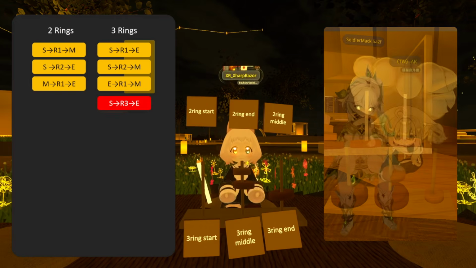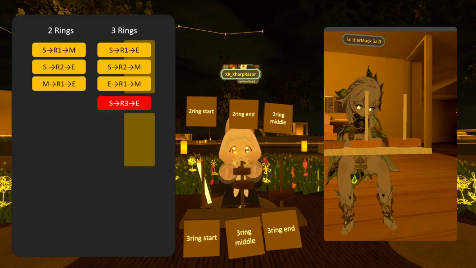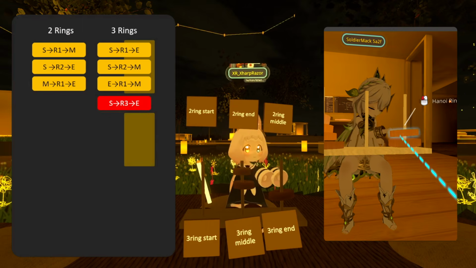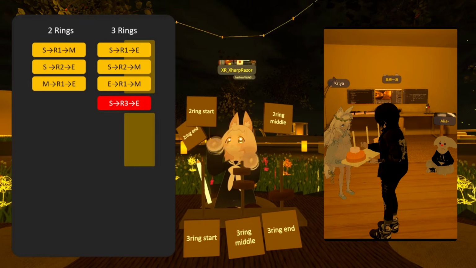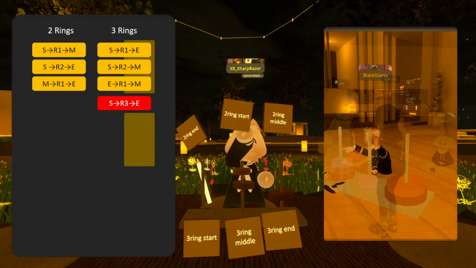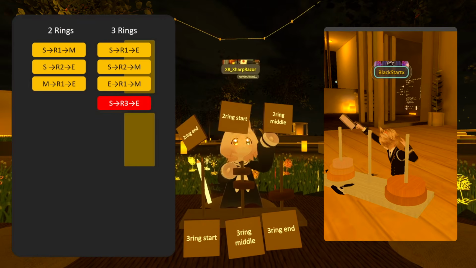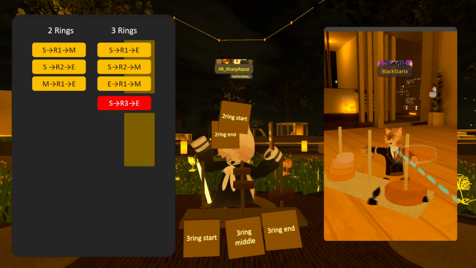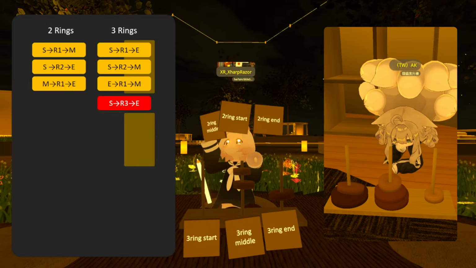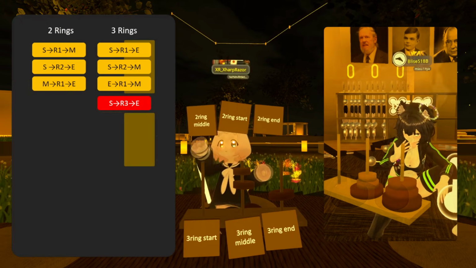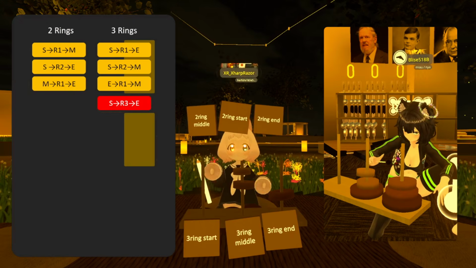Our main goal is to move these 2 over here. So right now this is the start, and then this is the end, and therefore this rod will have to play the middle rod role.